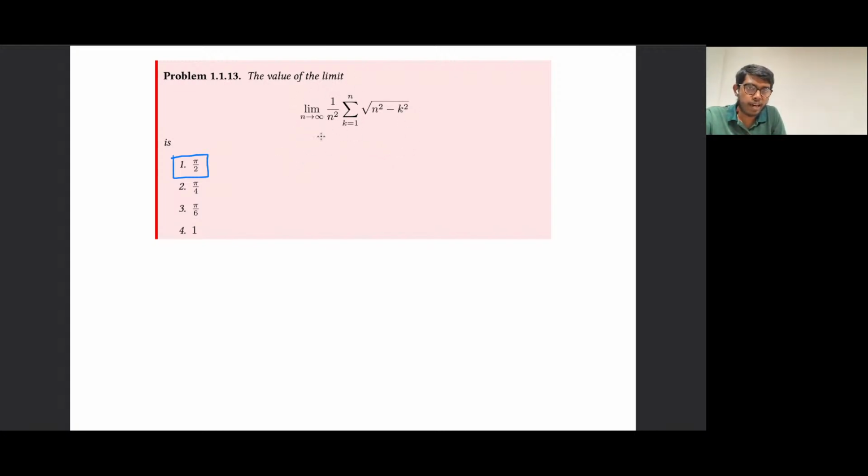So this I can write as limit n tends to infinity, 1 by n square, or 1 by n, sum over k equals 1 to n, and I'll just take n inside, so I get the square root of 1 minus k square by n square.